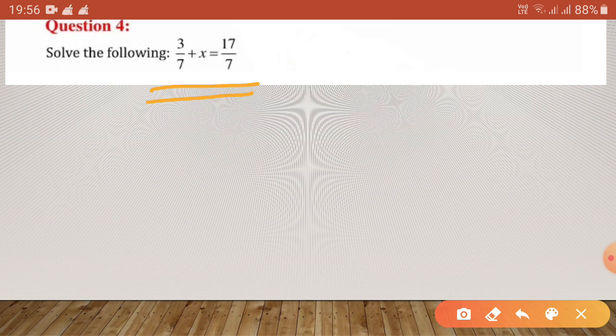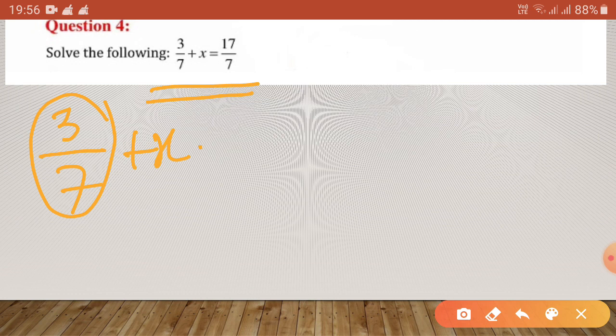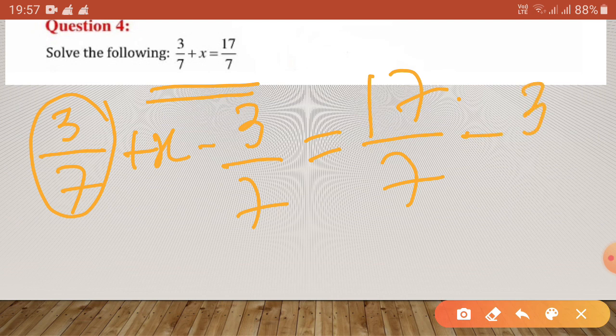Here we have to minimize the value 3 by 7, so we can use the opposite sign, that is minus 3 by 7, and on the right side 17 by 7 minus 3 by 7.